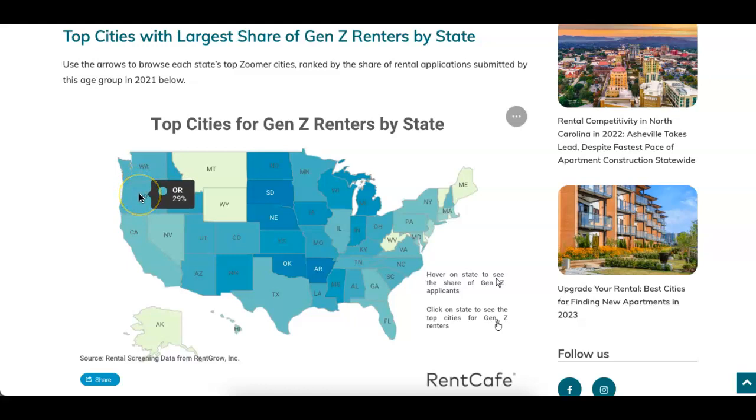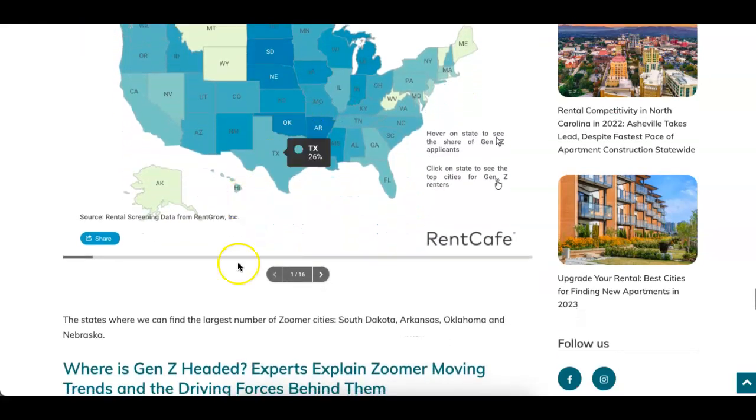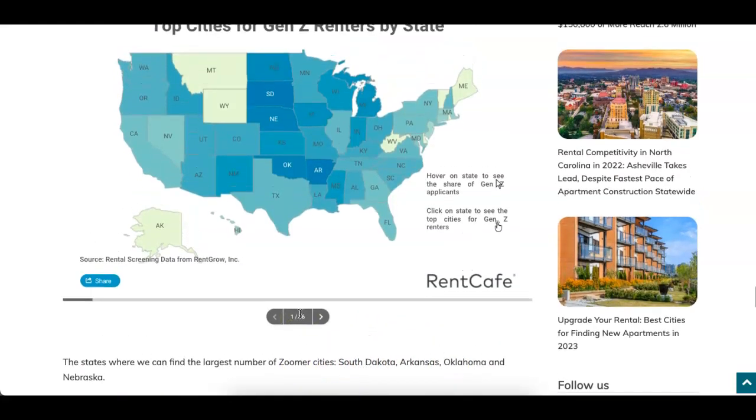You find out about the data behind here. And so what you're really looking for is, what is it measuring? You might have to do some research on this. There's some analysis. States where you can find the largest number of Zoomer cities: South Dakota, Arkansas, Oklahoma, and Nebraska. So that's just an example.